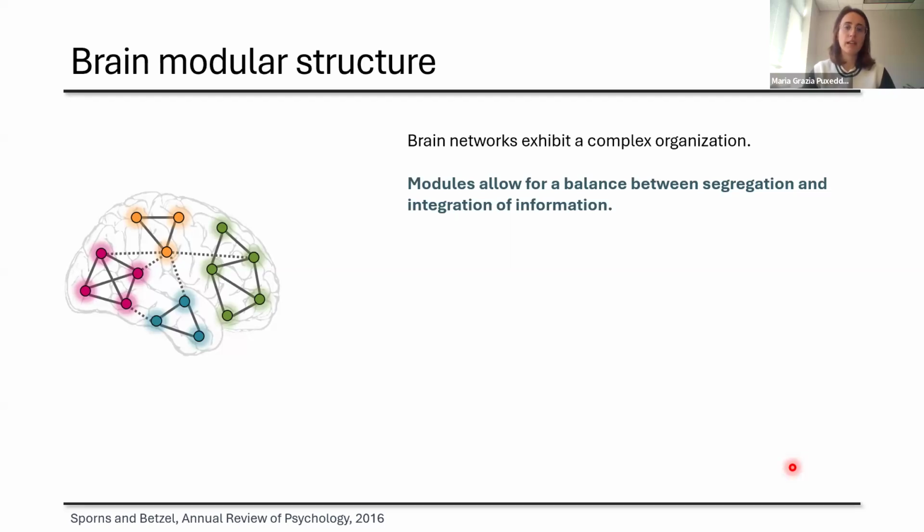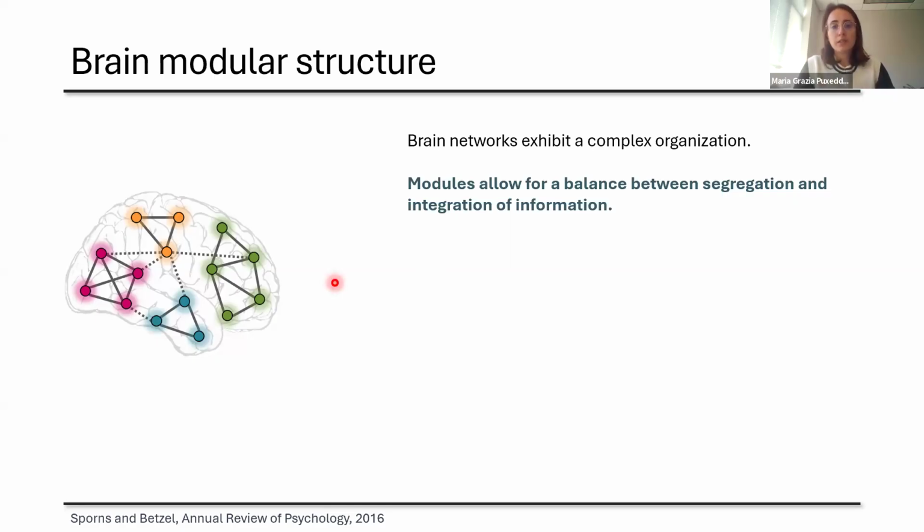So for example, in the case of functional brain networks, the brain activity that we register on top of these nodes is highly related. And so we have high similarity in brain activity in nodes of the same community, and then lower similarity of brain activity across communities.